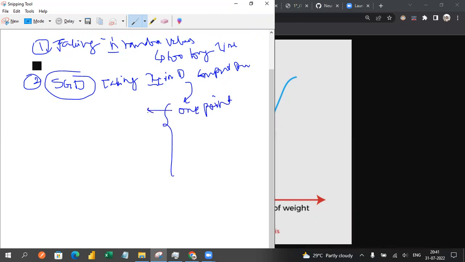You will get the loss for the first point, that is fine, and for the second point, that is also fine, but you have so many different points. First you were taking all the data at a time, but now you take one point at a time. That is one advantage of stochastic gradient descent, but it still takes a lot of time to compute all the points, right? So this is also one disadvantage of stochastic gradient descent.